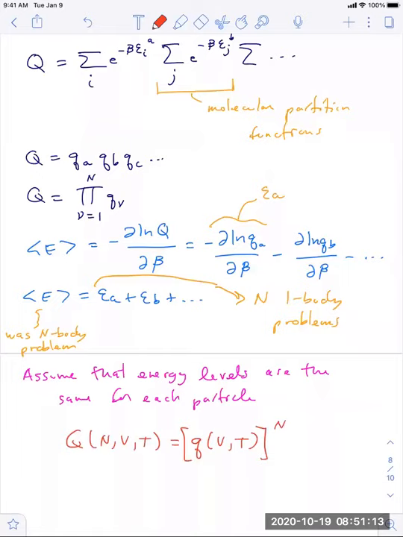So that allows us to remove this index where we're always keeping track of A, B, C, and so forth, because the energy levels accessible to each particle are the same.